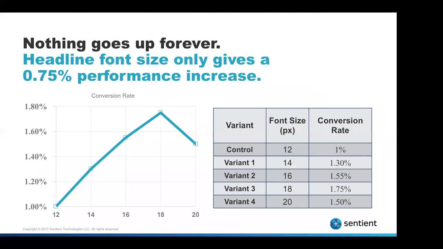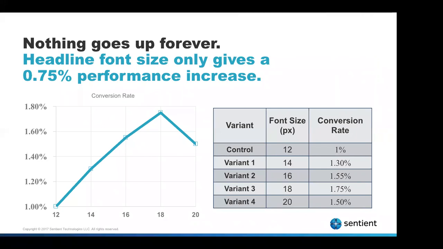So let's look at headline. It looks like, in this case, in the mobile application, the headline font size gives us an increase as we go from 12 to 14, and from 14 to 16, and from 16 to 18.